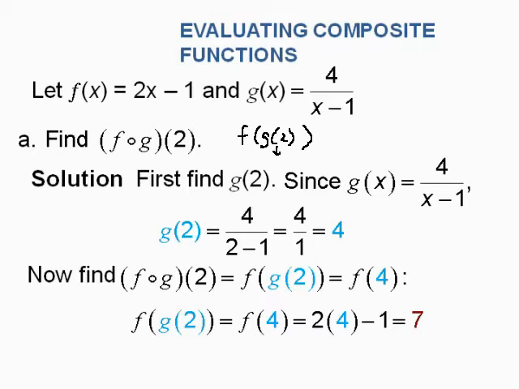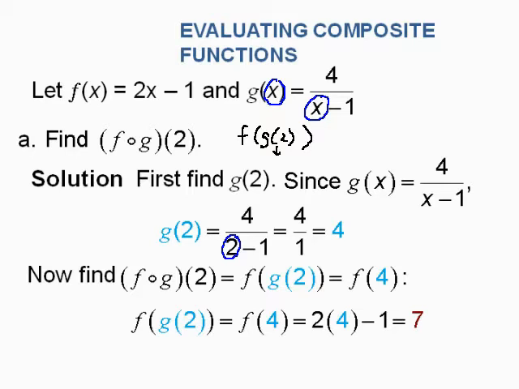So if you write composite functions the good way, we're going to go ahead and find what g of 2 is first. So again, if we're going to find g of 2, we're simply going to plug in a 2 wherever we see an x here. So g of 2 would be 4 over 2 minus 1, which would be 1, so we would get 4.